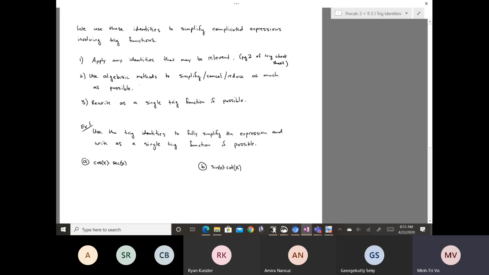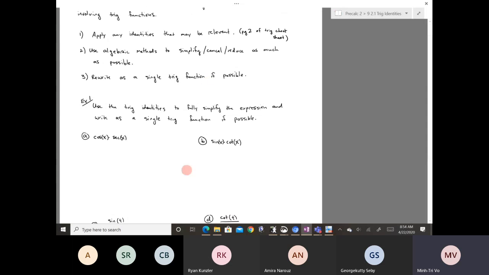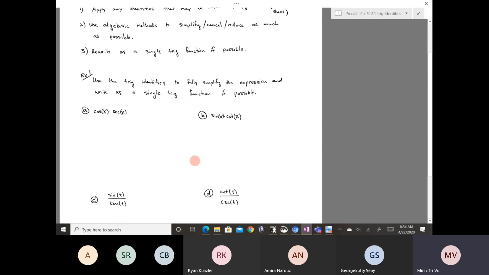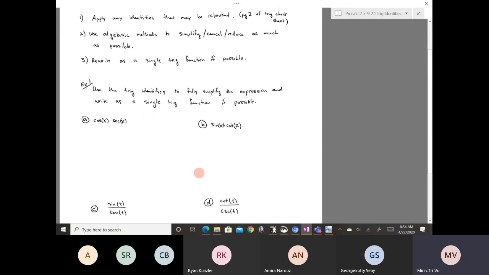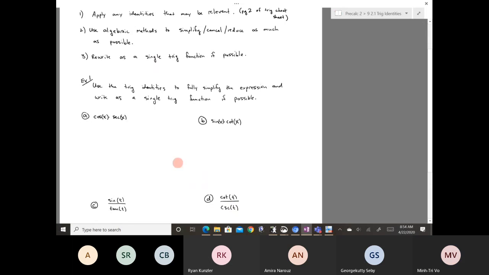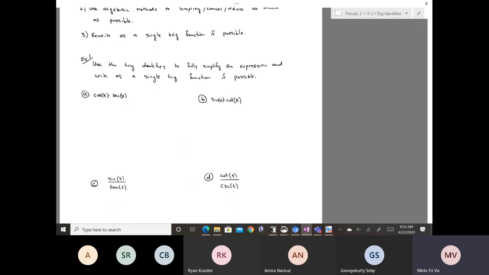What do I mean by this? If you have sine over sine, something divided by itself, it cancels out, right? So you simplify it, and if it's possible, where things cancel out, try to write everything in terms of a single trig function. Okay, so that's the idea here. Let's try to work out some of these problems.